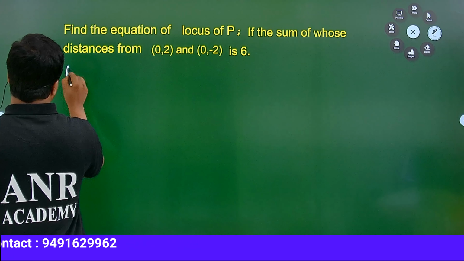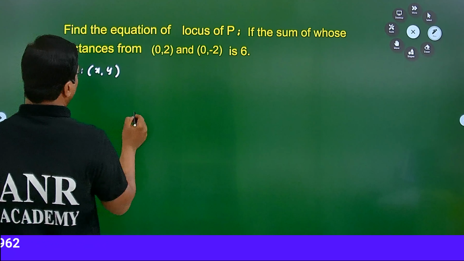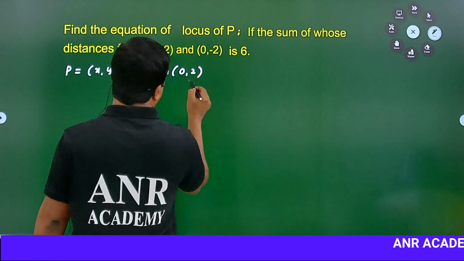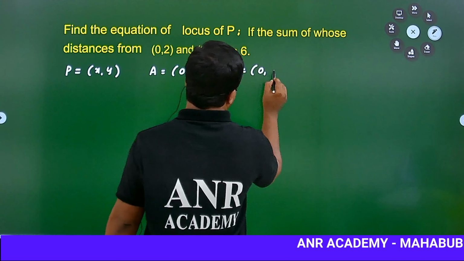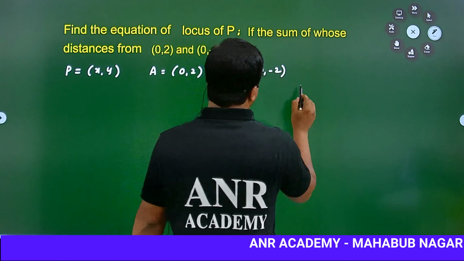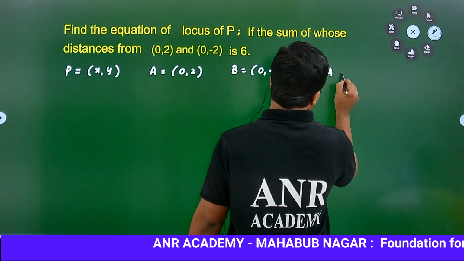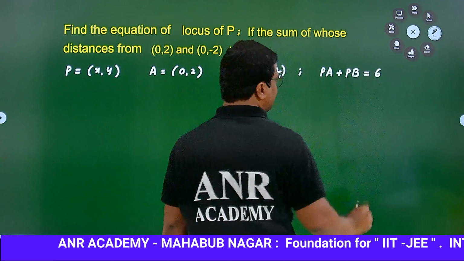First assume that the locus point P is x, y, and assume the coordinates of A are 0, 2 and the coordinates of B are 0, minus 2, and also assume the geometrical condition PA plus PB is equal to 6.